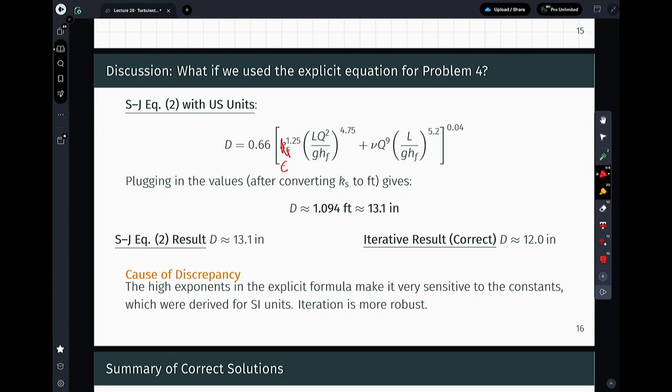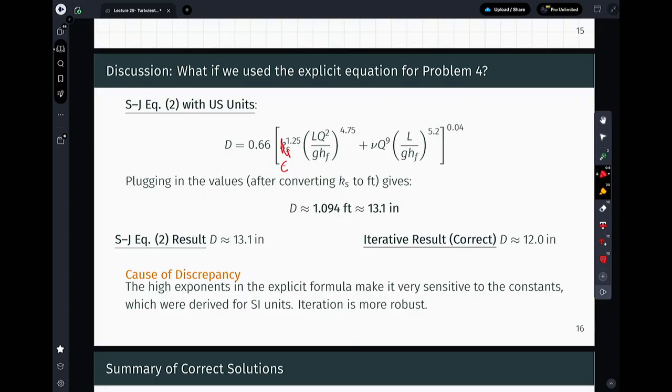Generally, you're safer to do iteration. If you do iteration, you calculate your friction factor, then you come back. And one of the problems that is very clear from this is that if you do the conversion, and I didn't, but I encourage you to do that, you could try it again with SI.